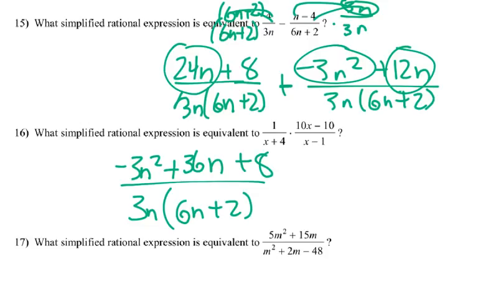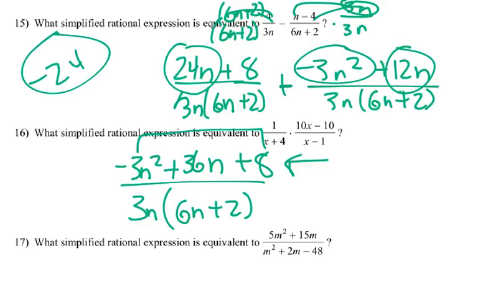Now what we have to try to do is see if we can simplify this to eliminate anything. Which, if we think about this, negative 3 times 8 would be negative 24. Are there any factors of negative 24 that would add up to 36? I can't think of any that would work to do that.